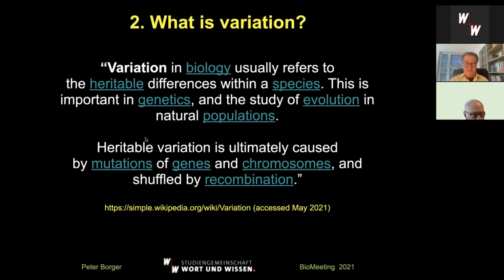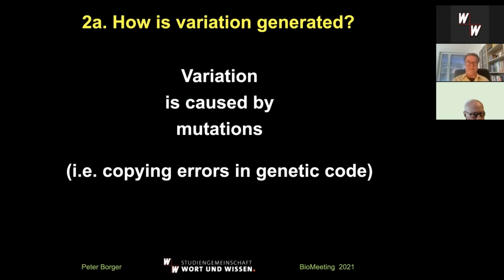Heritable variation is ultimately caused by mutations of genes and chromosomes and shuffled by recombination. So this is in fact biological information, and biological information is driving these sorts of processes. So the current idea is that variation is generated by mutations. And if we talk about mutations in the evolutionary paradigm, these are copying errors, just plain errors in genetic code that afterwards can be selected.